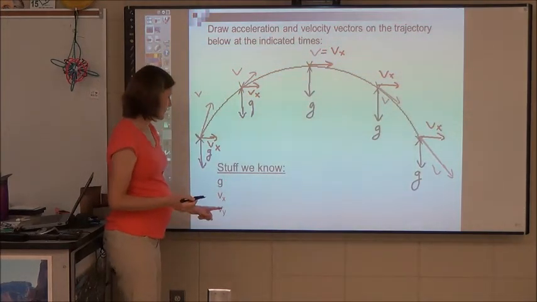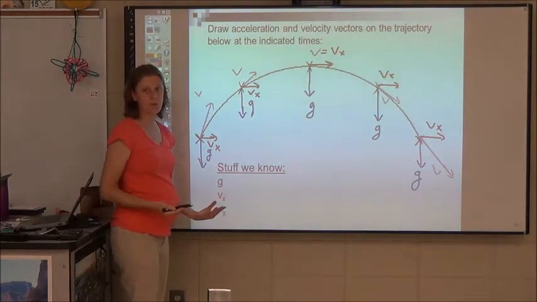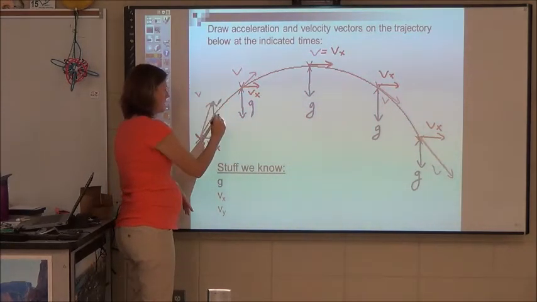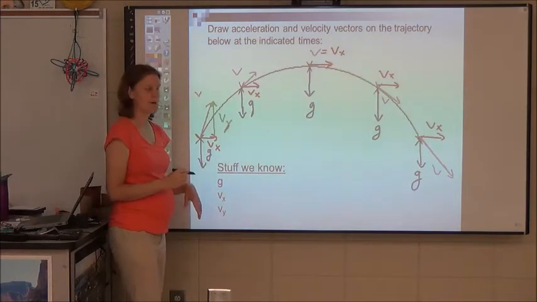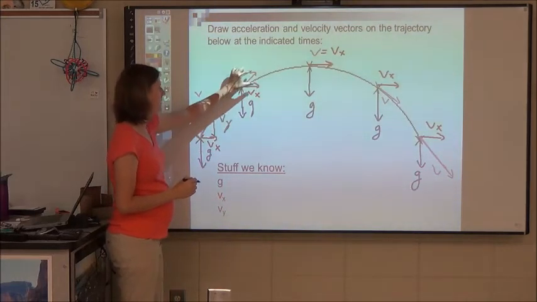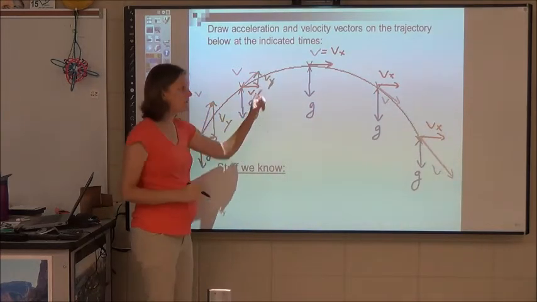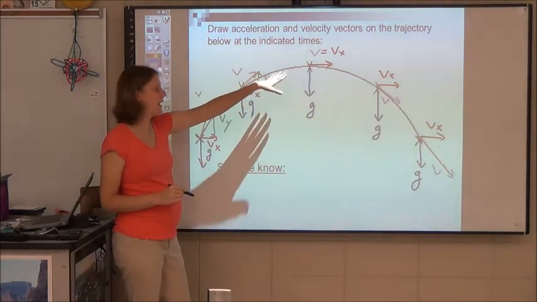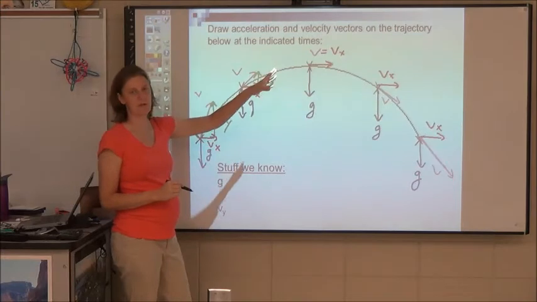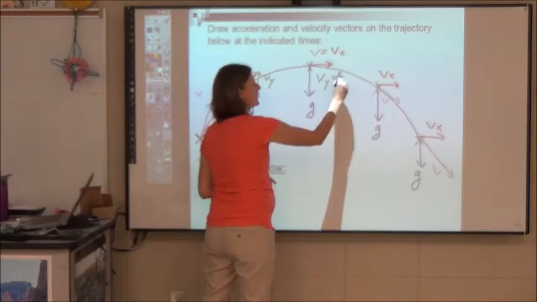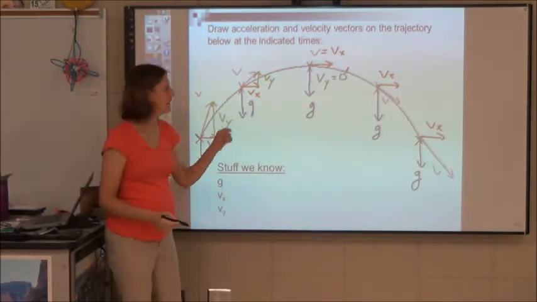Vy is certainly a different story. The y component, the vertical component, the component that is affected by gravity, keeps changing in magnitude. So of course it is up in the beginning, it's up here as well, but much smaller. At the peak, Vy is nothing. There is no Vy, no up, no down, for that instant.